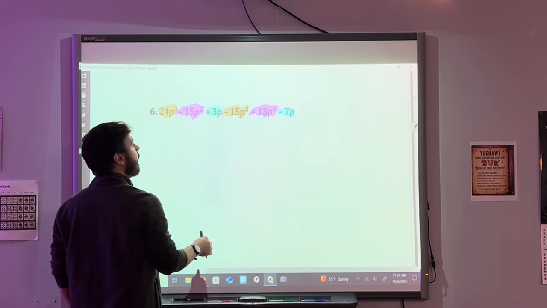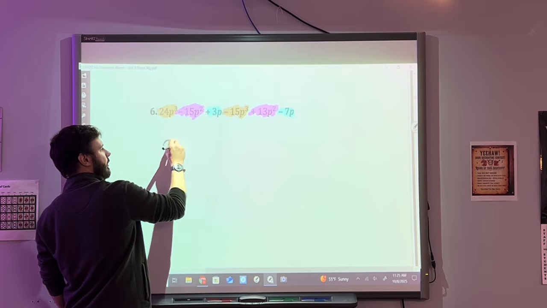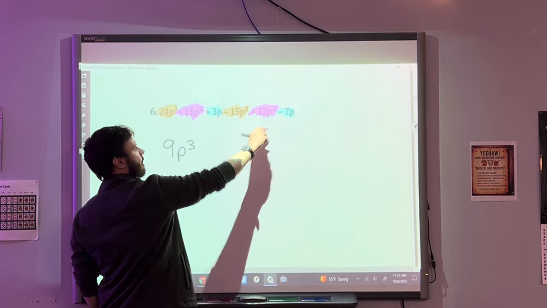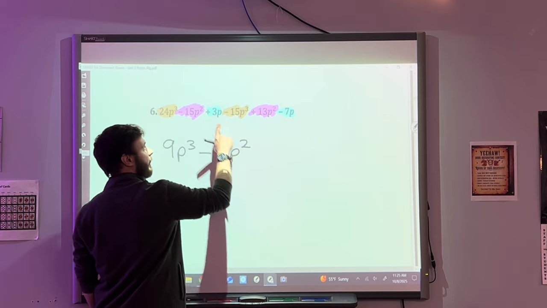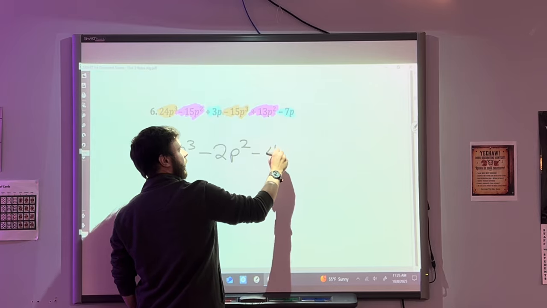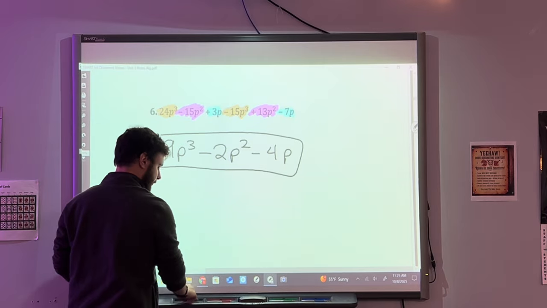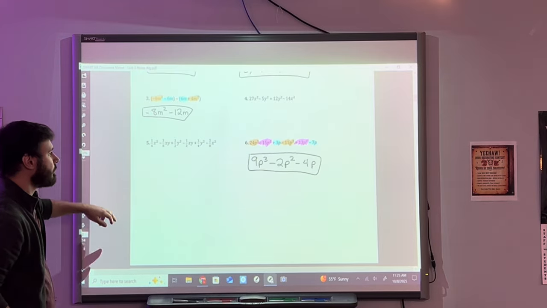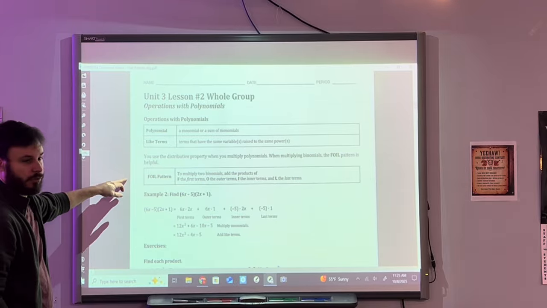All right. 24p cubed minus 15p cubed leaves me with 9p cubed left over. Negative 15, positive 13 minus 2p squared, minus 4 p's. Okay, so this stuff is pretty easy. That's what I give you. Okay.